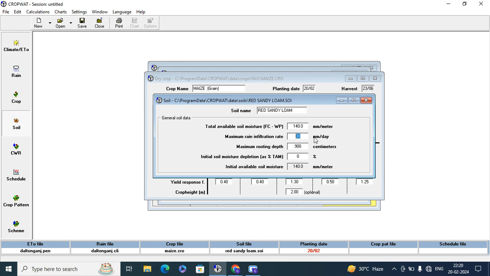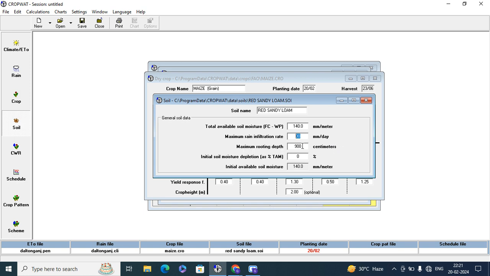Suppose we are studying the month of March. In March, the total number of days is 31. So if we multiply 30 by 31, we get the total amount of water infiltrated for that particular month.